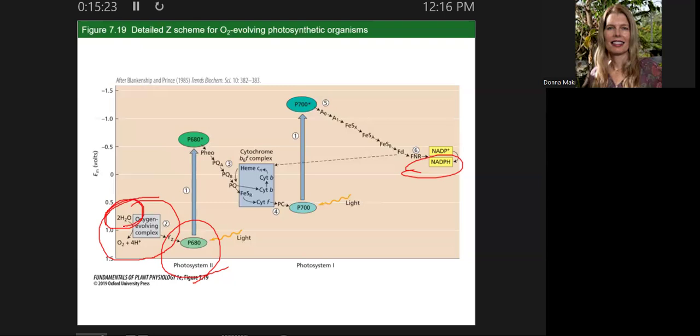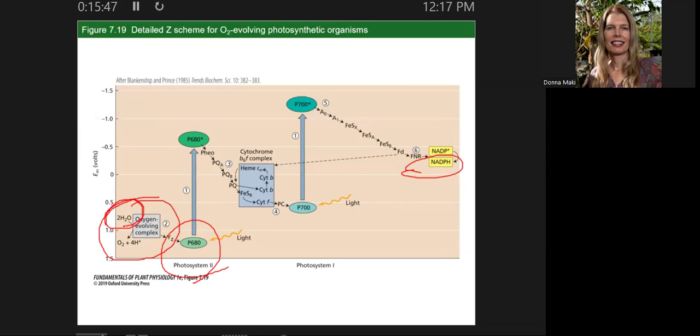So water is very low on the reduction potential. It's got a positive value that's trying to say it doesn't want to give up electrons. You have to hit it with energy. So sunlight energy funneled into photosystem 2 like that allows for water, electrons to be taken off of water. And that's what they're trying to show there.